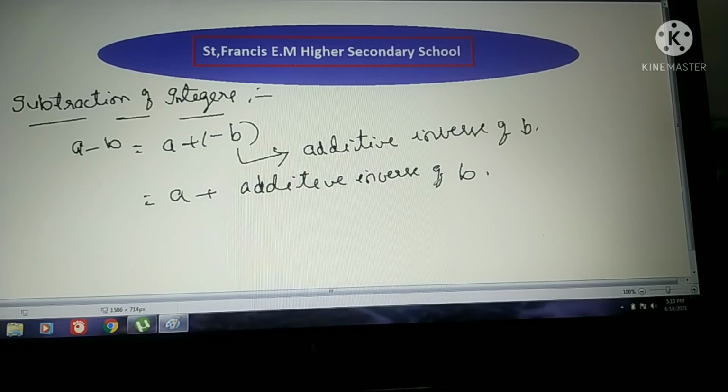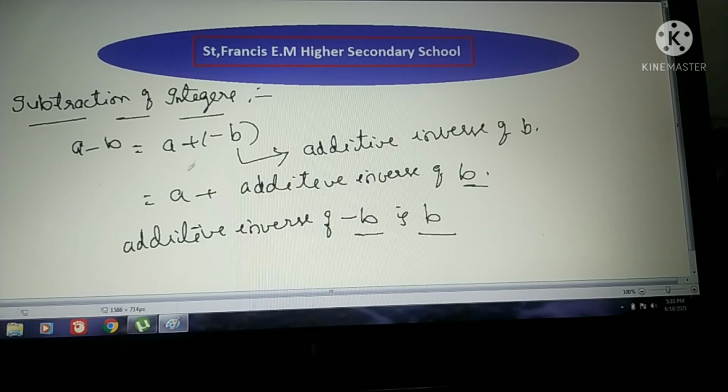Just opposite, quite opposite. Additive inverse of b is minus b. Additive inverse of minus b is b. Understood?